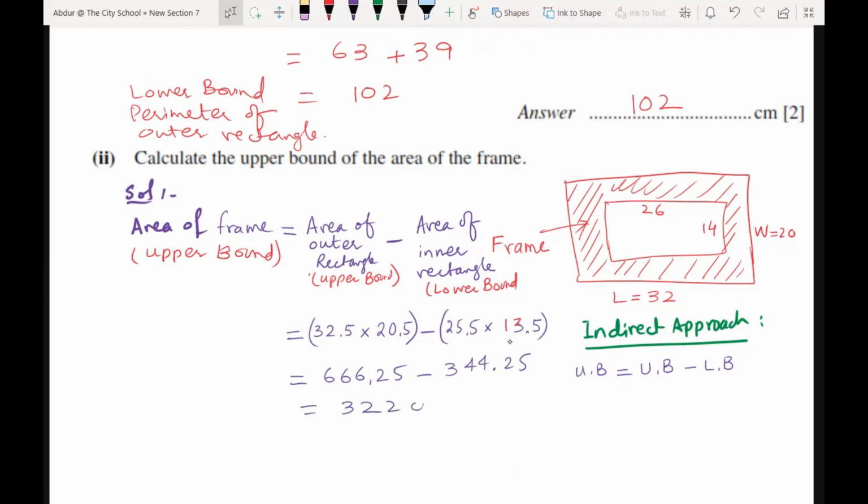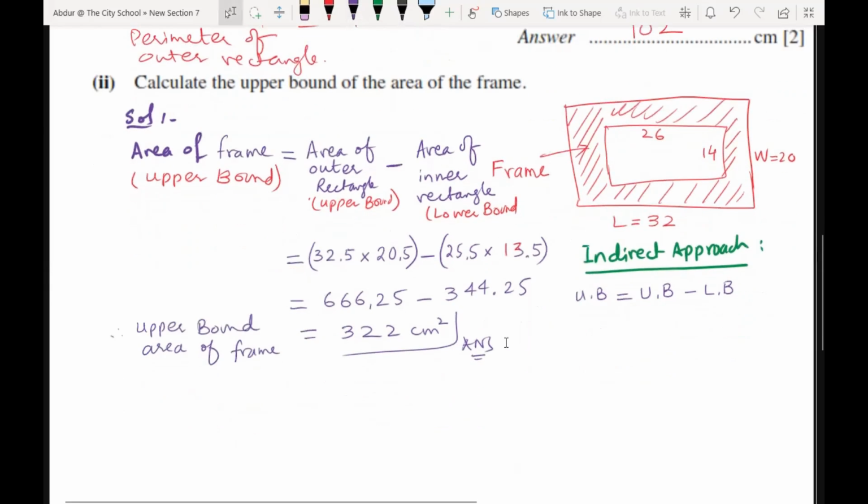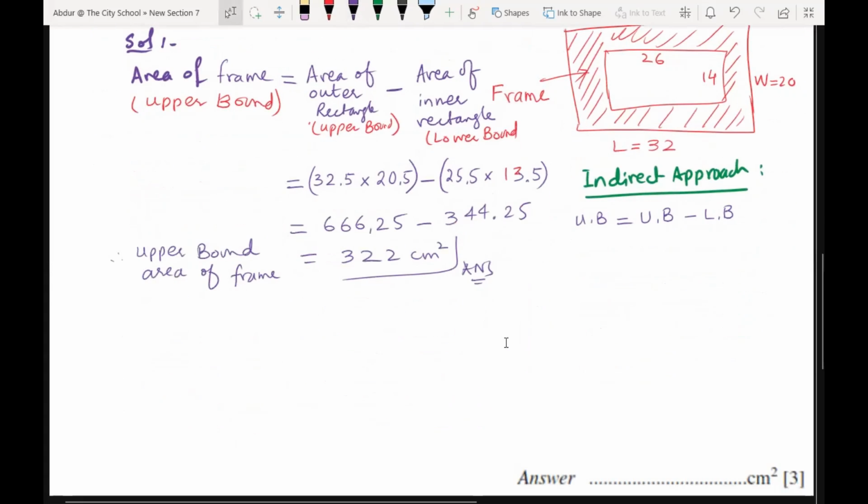It is the upper bound area of frame. This is the final answer. But don't forget to write answer in the answer space, 322 centimeter square.